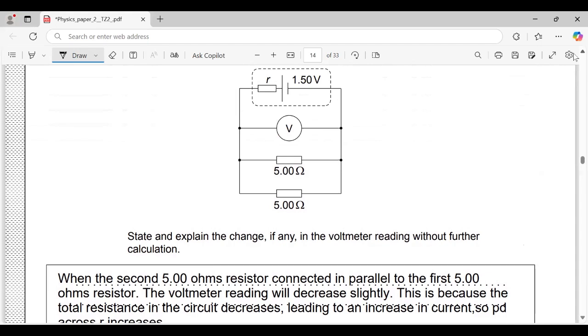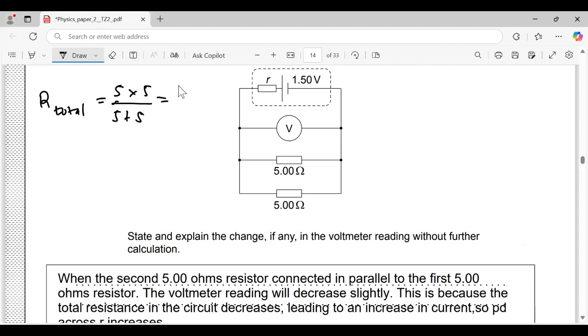I'm going to add more explanation about this. For two 5 ohms resistors in parallel, the total resistance equals 5 ohms times 5 ohms over 5 plus 5 ohms.